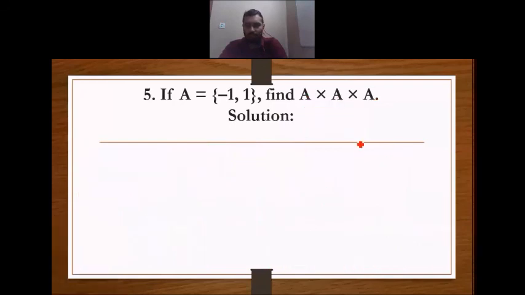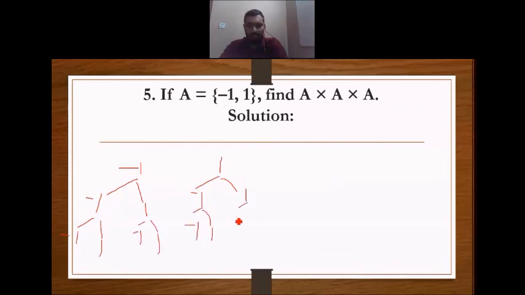If not, what you do is write -1 and 1. With -1 I can take -1 and 1. With 1 I can take -1 and 1. With each of these again I can take -1 and 1.